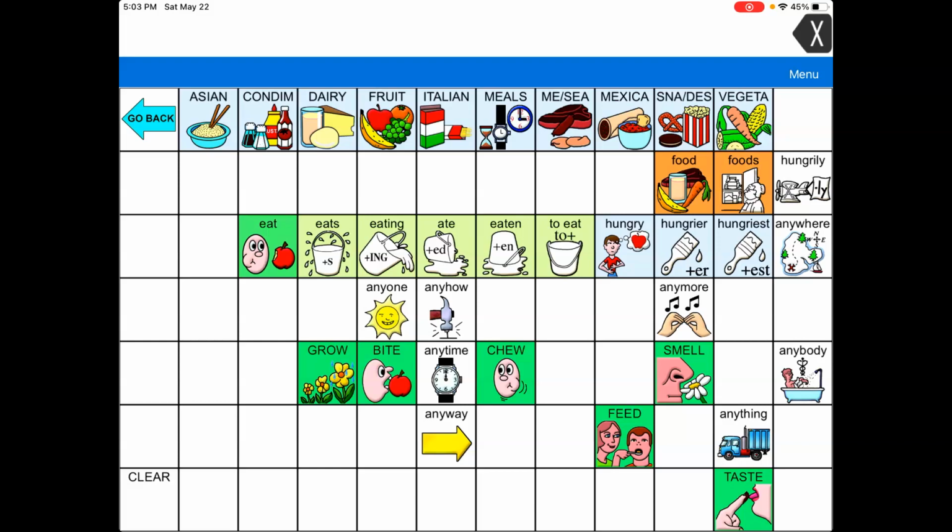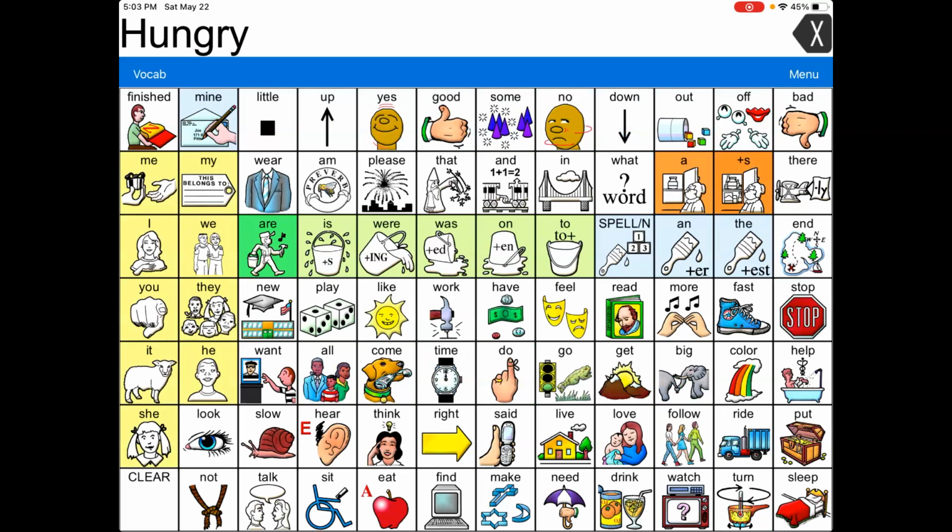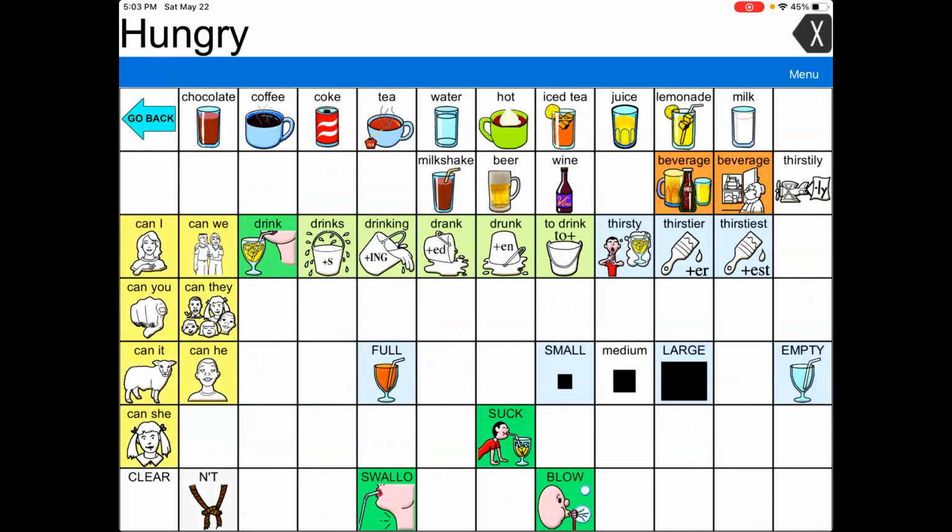If we go to drink and we go across that third row, when we get to blue, we have thirsty, thirstier, thirstiest. And then you'll see there's a few other adjectives such as full, small and large, and empty. Again, thinking about how all of these words relate to drink.